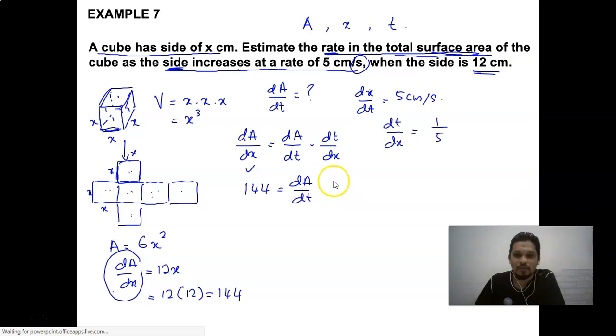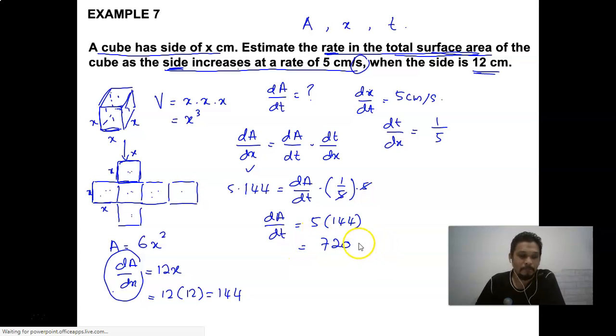It is now multiplied with 1 over 5. Now, this is the thing that we need to find out here. dA/dt equal to 144 times 5, then 5 multiplied with 144 is equal to 720 centimeters squared per second.